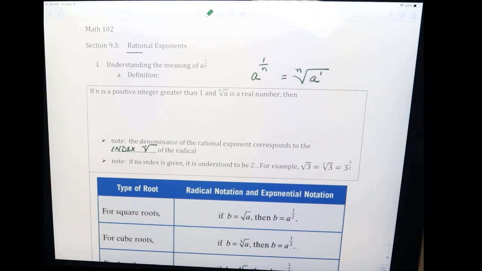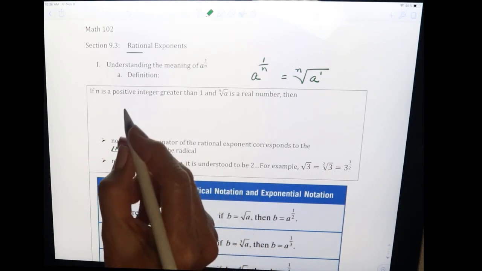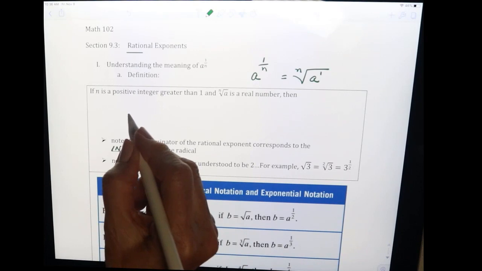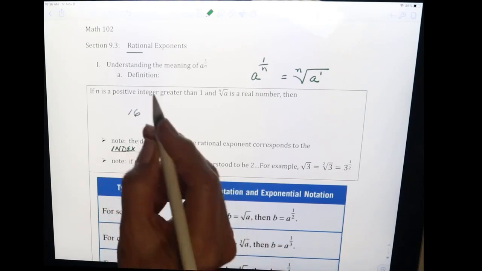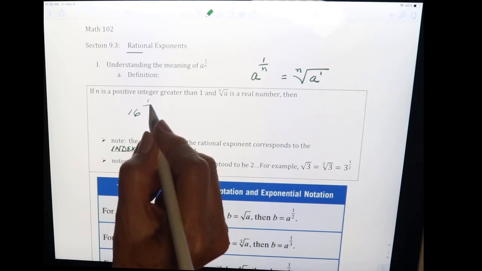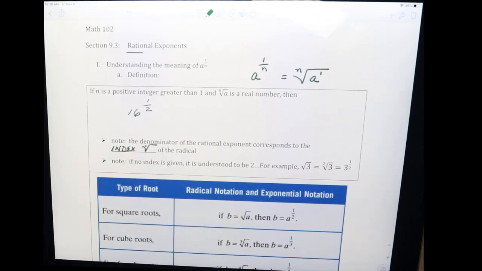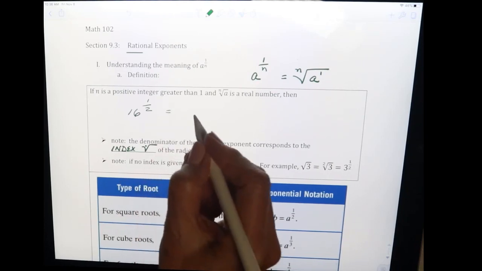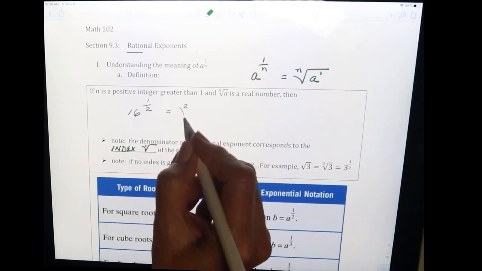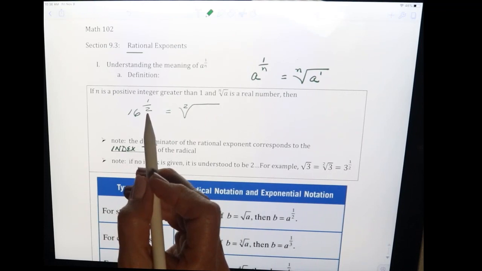So when we're looking at, let's say we have a base 16, let's go with 16, and we have it raised to the power 1/2, what does that mean? It does not mean we're taking half of 16. It means that the index is this denominator 2.